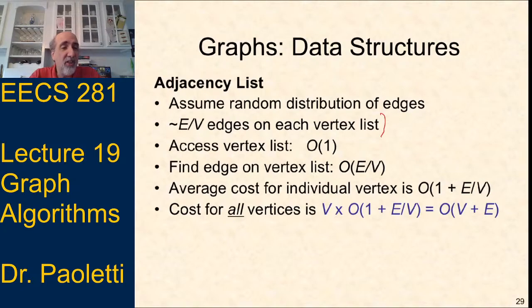So yes, we would get the same complexity, O of V. But we put it in there to remind ourselves what we had to do: I had to get to the head of the linked list, then I had to traverse that linked list.